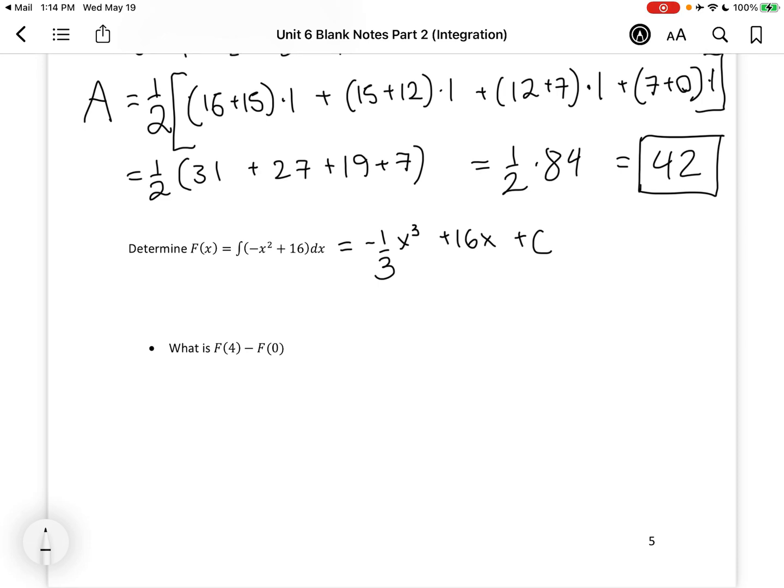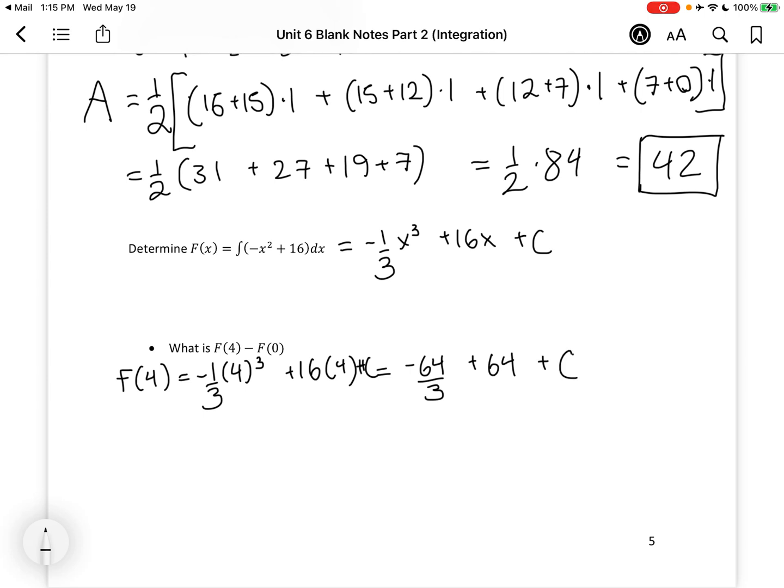Let's figure out what F of 4 is first. F of 4 is going to be negative 1 over 3 times 4 cubed plus 16 times 4. And 4 cubed is 64. So negative 64 over 3 plus 4 times 16 is 64. And then plus c. Oh, I missed the c, sorry.